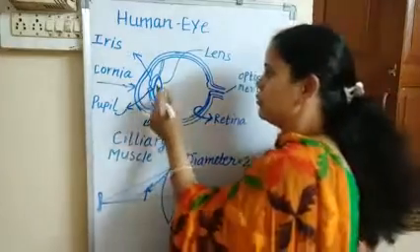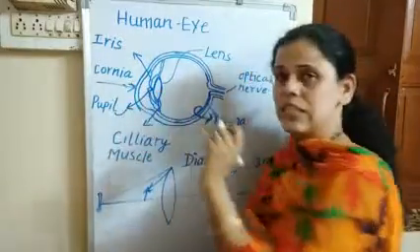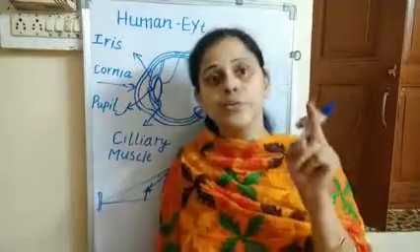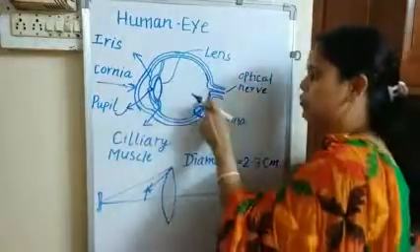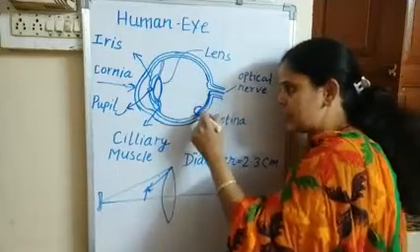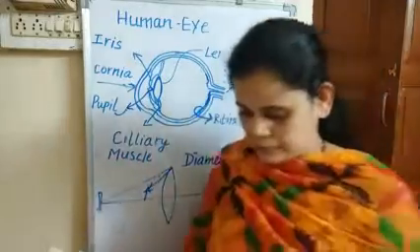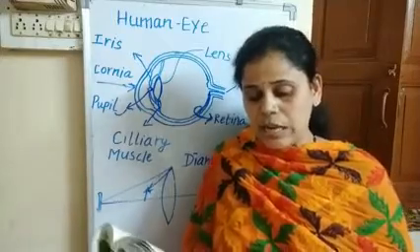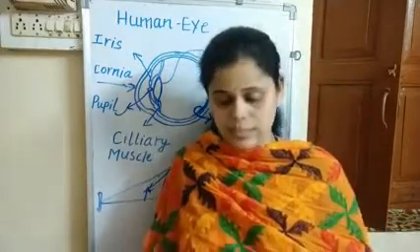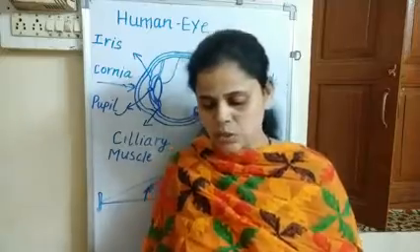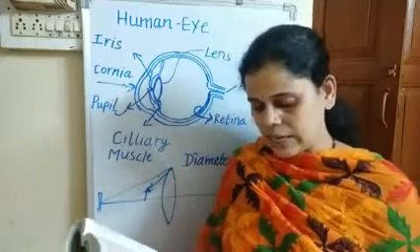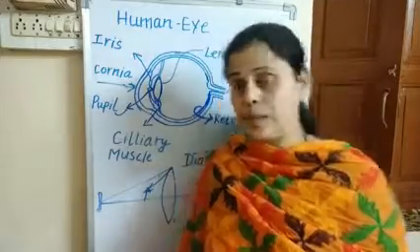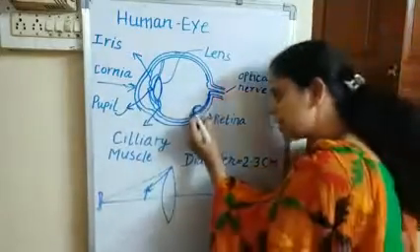When a light ray enters this lens, the image formed is real and inverted, on the screen called the retina.